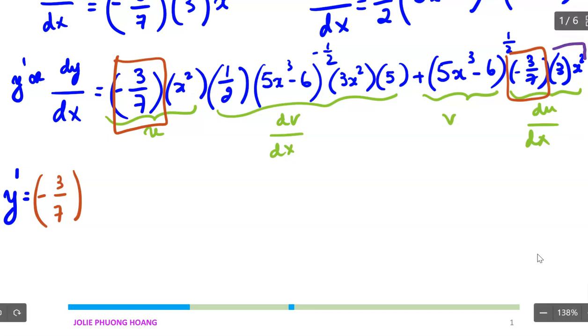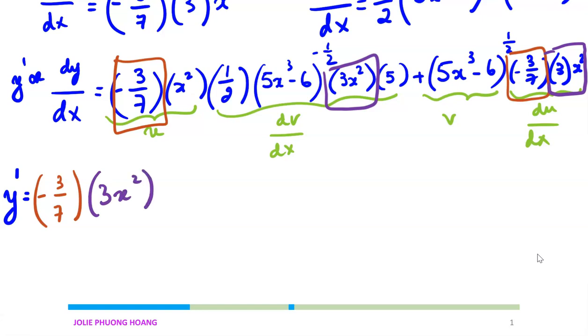This one is 3x squared, this one is the 3x squared, so this will be my 3x squared. What about the rest of it? This x squared will have to stay.